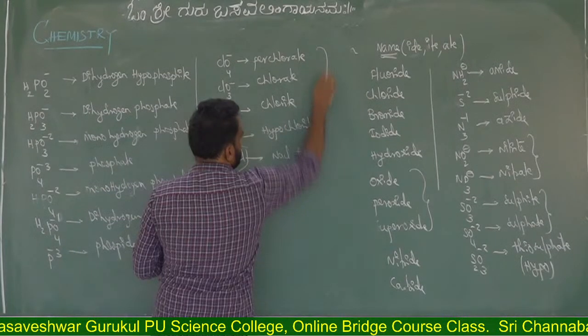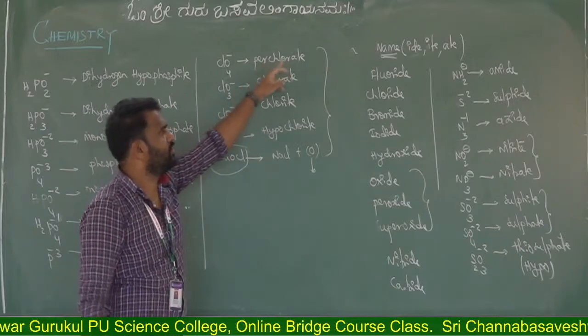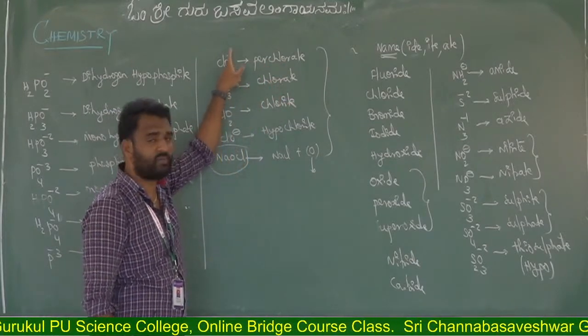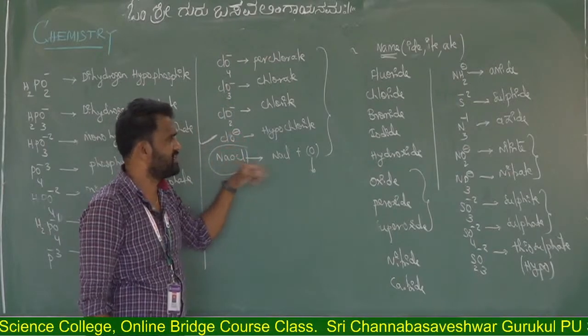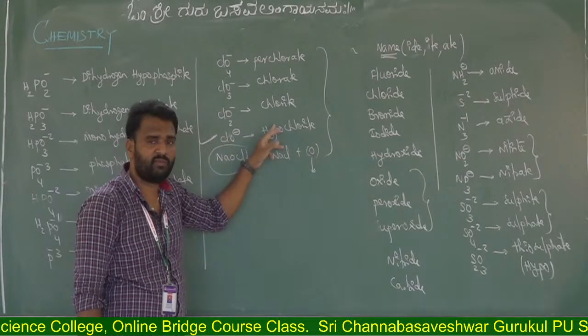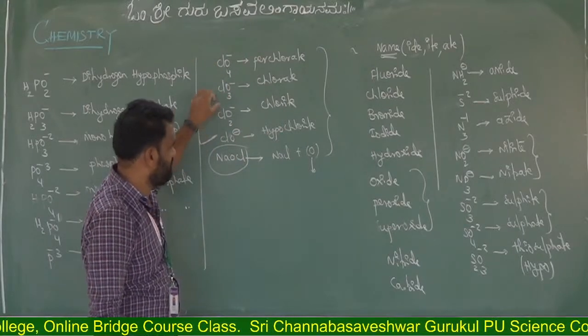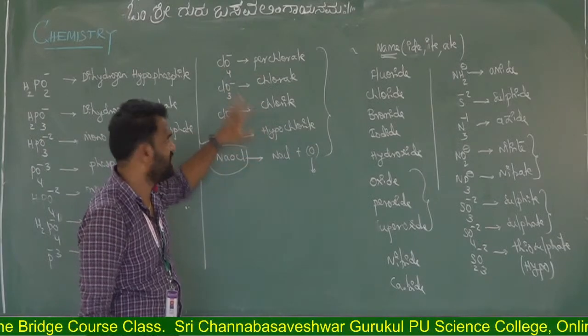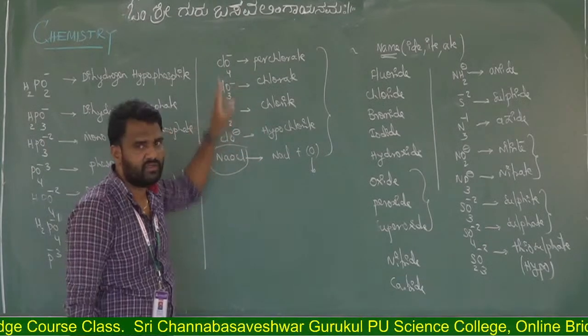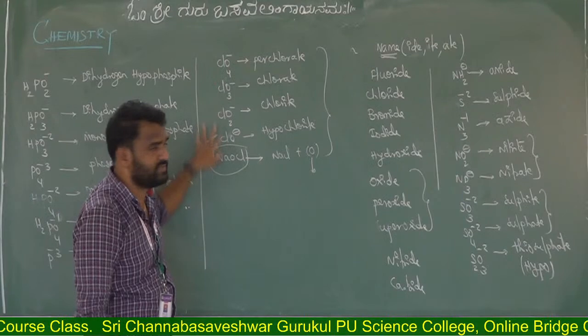With chlorine you will get different anions: perchlorate ClO4 minus 1, chlorate ClO3 minus 1, chlorite ClO2 minus 1, and ClO minus 1, hypochlorite. All are formulas with only a little difference in oxygen, but you get different names, and all have -1 charge only. You need to notice the charge and formula of the anion.